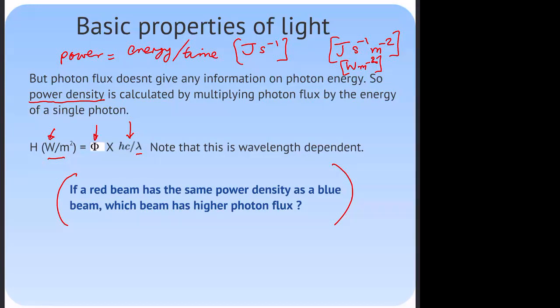Actually, let's ignore the solar cell. I'm going to count how many photons there are per unit time, per unit area. I'm going to take a blue laser pointer, same power density. I want to count how many photons there are per unit area, per unit time. Which one has a higher photon flux? Which one has more particles? Okay, give me a second because I have to use the other computer to put you in a breakout room.